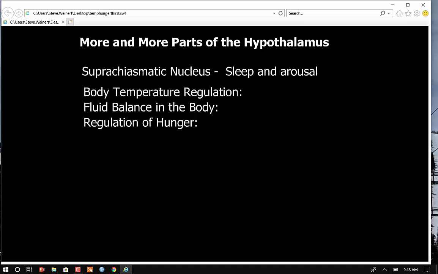It regulates sleep, controls body temperature, controls fluid balance, and regulates hunger. That's what your hypothalamus does. But each one of these things is a very complicated neurochemical pathway, which we'll go through in a few minutes here. Each one is a complicated neurochemical pathway, but does it directly change our behavior?